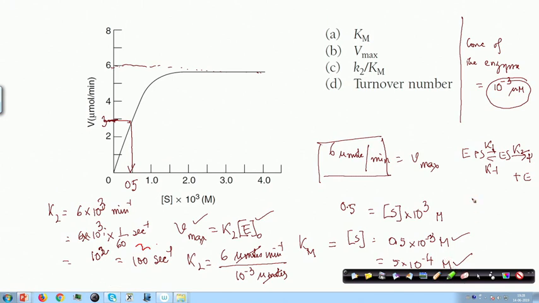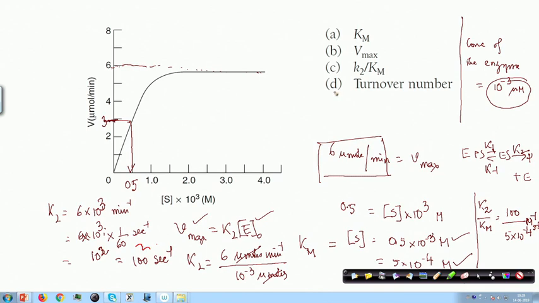So, K2 by Km is equal to, basically K2 is 100 second inverse divided by 5 into 10 to the power minus 4, and the unit will be M inverse second inverse. So, you can calculate this and then find out what is the ultimate value.